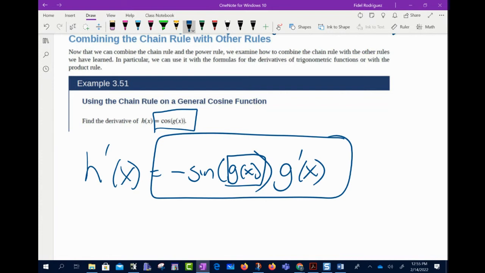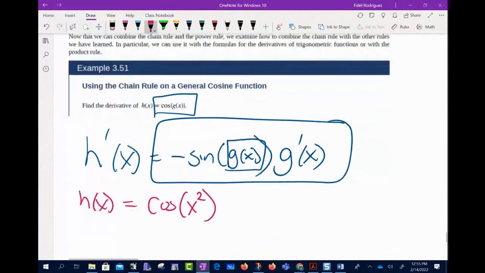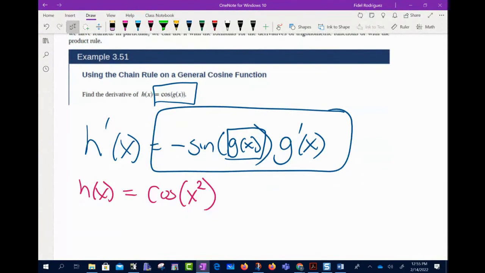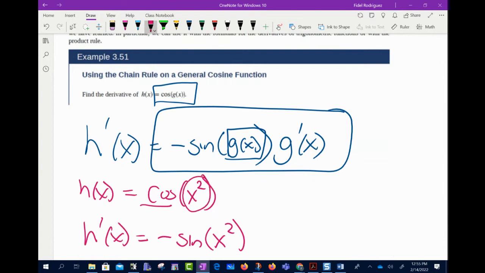So look, y'all, before I go on to anything else, I want to show you something. Suppose I said h of x is equal to the cosine of x squared, okay? Suppose I gave you this function here, and I said I want us to find h prime of x, okay? We said the derivative of a cosine is a negative sine of x squared, and then we have to take the derivative of what's inside.